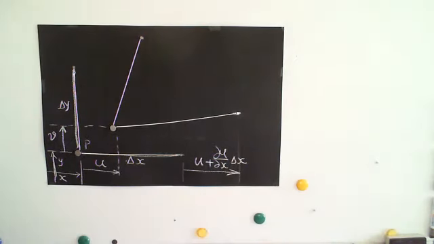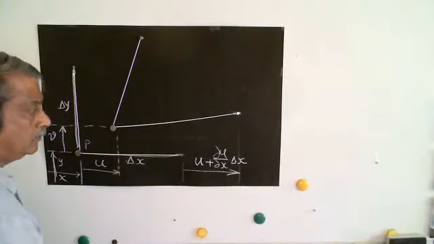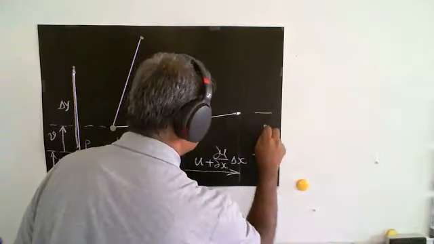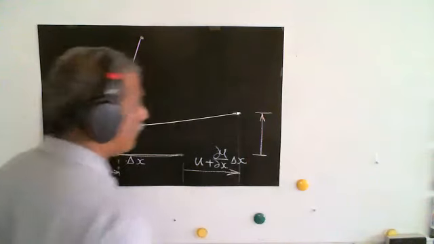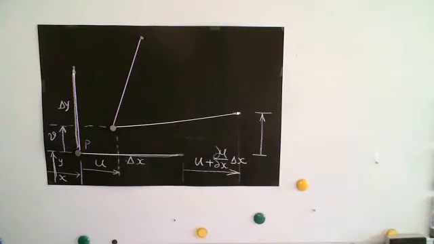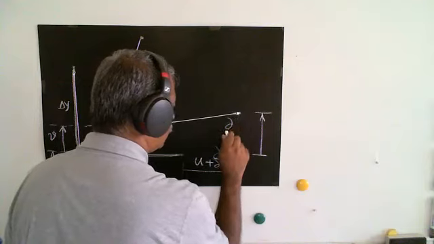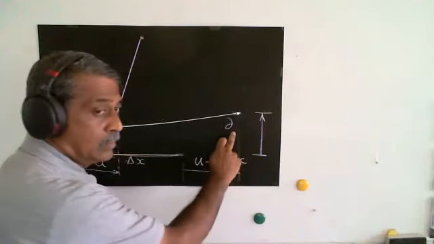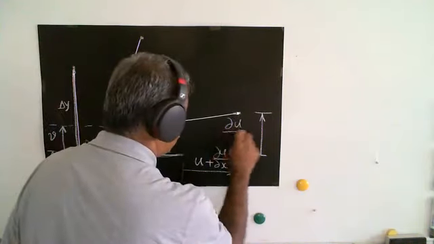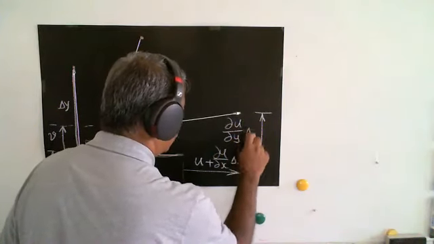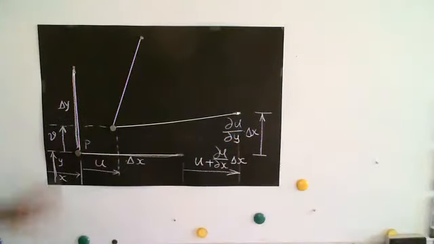Right. This displacement. How about this displacement? Dou u by dou y into delta y. Fantastic.